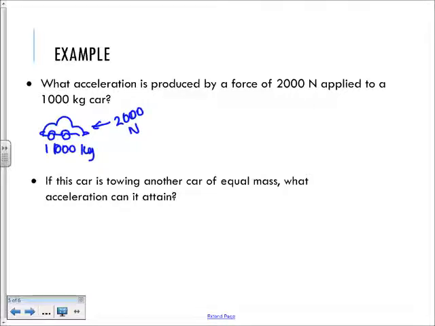Okay, so our equation, acceleration, is force divided by mass. So when we plug in our values, acceleration is 2,000 divided by 1,000, which gives us 2. Now, since it's an acceleration, our unit is 2 meters per second squared.